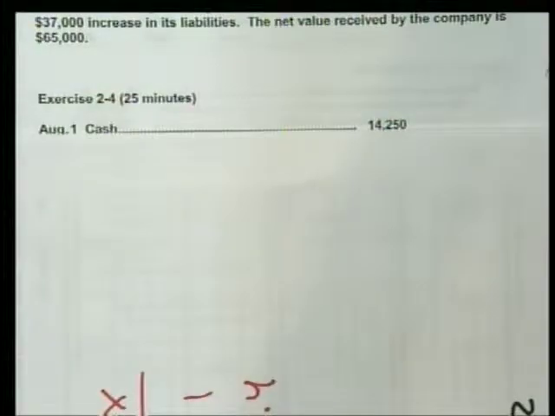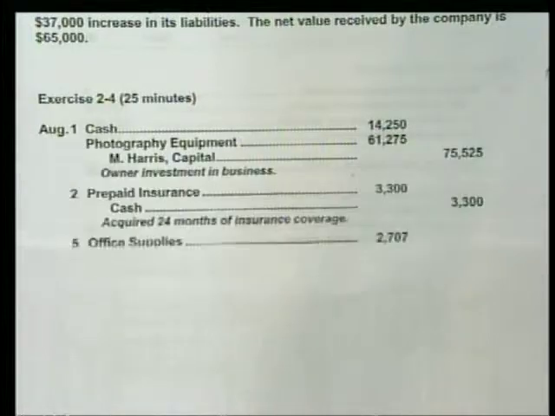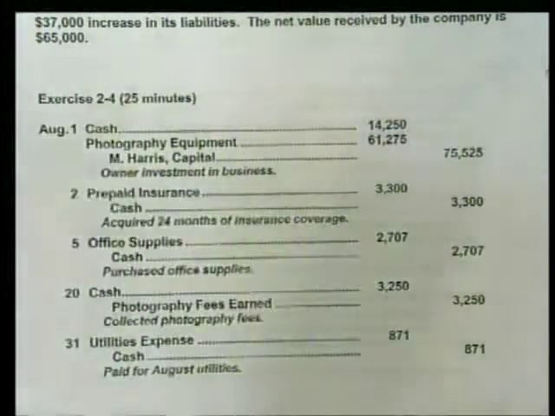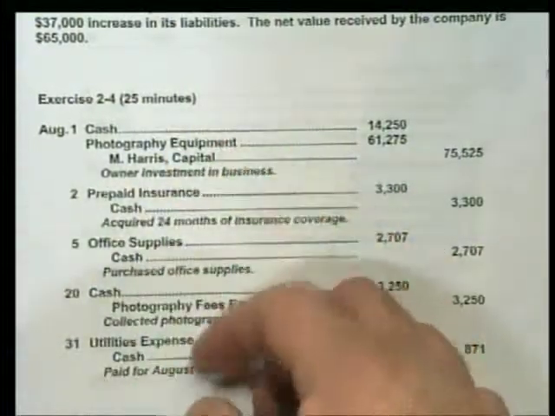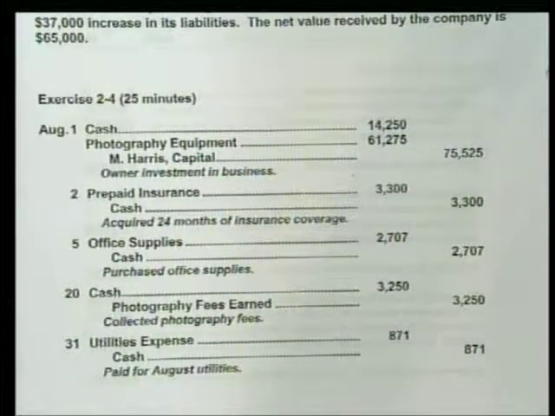Let's see here. What we had up here first was the journal entries, okay? Now what I want you to do is only for the accounts here, you open T accounts for these accounts. Now every company is going to have a different set of accounts, okay?